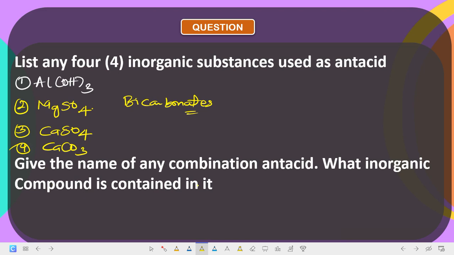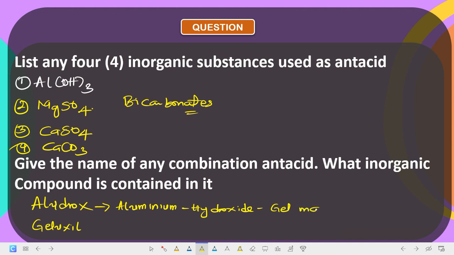Okay, now give the name of any combination antacid, and what inorganic compounds are contained in it. An example of a combination antacid is Aludrox, and another example is Gelusil. Aludrox is comprised of aluminium hydroxide gel and magnesium hydroxide.